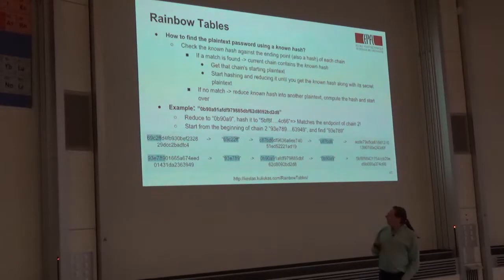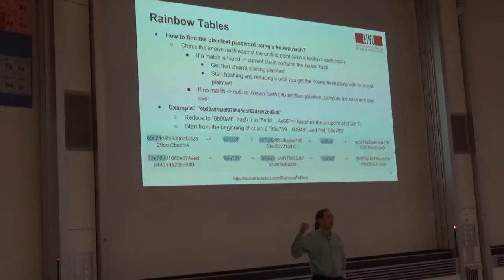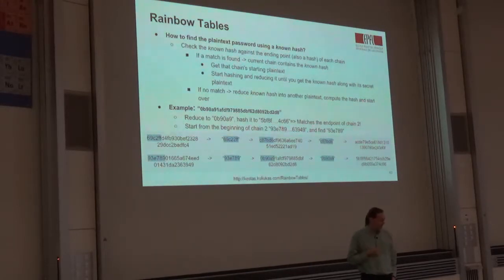Well, if we just check the hash against the hashes that we've stored, we'll only hit if we get really lucky and we hit the last column, which is very unlikely. It's a 1 in square root of n chance. That wouldn't be very effective.